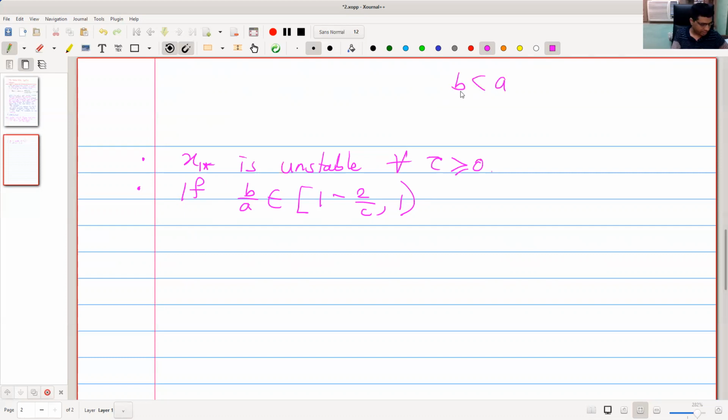A, b are positive numbers, so this will be satisfied.